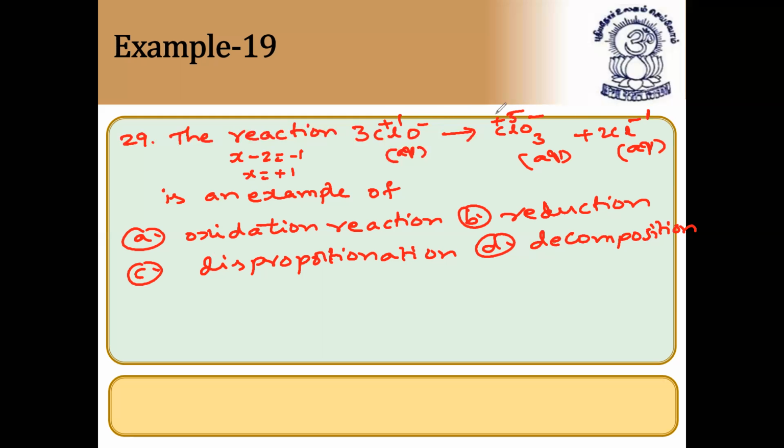So chlorine is undergoing an increase in oxidation number as well as a decrease in oxidation number. Plus 1 changes to minus 1, reduction, and plus 1 changes to plus 5, oxidation. So simultaneously both reduction and oxidation are taking place. Hence it is called a disproportionation reaction. So the answer is C, disproportionation reaction. I hope it is clear.